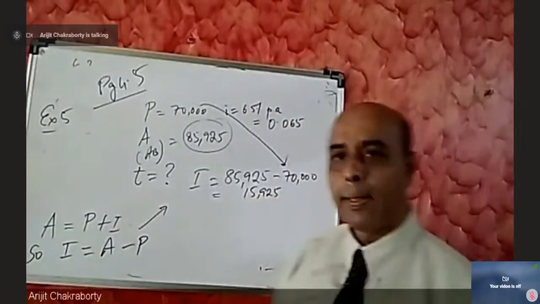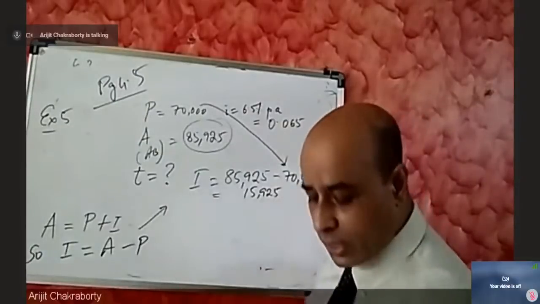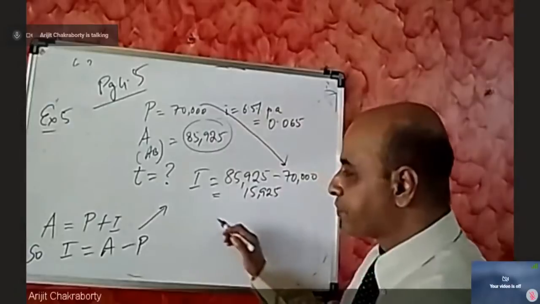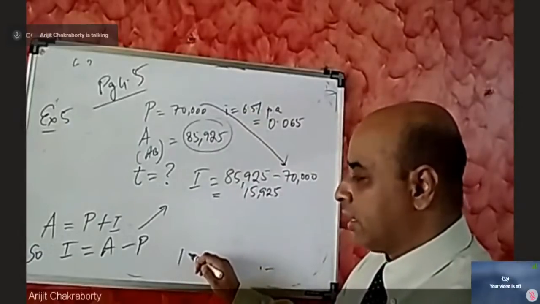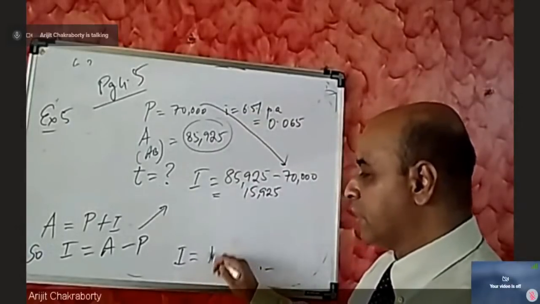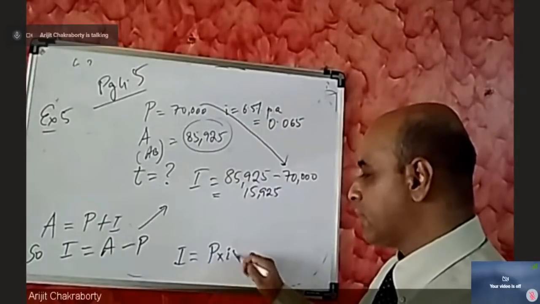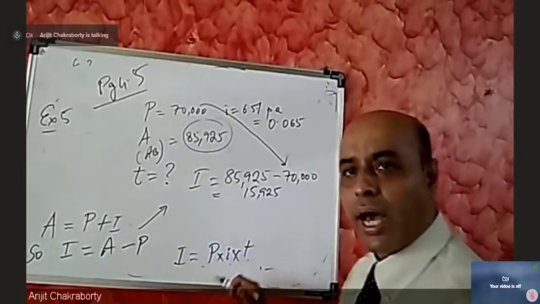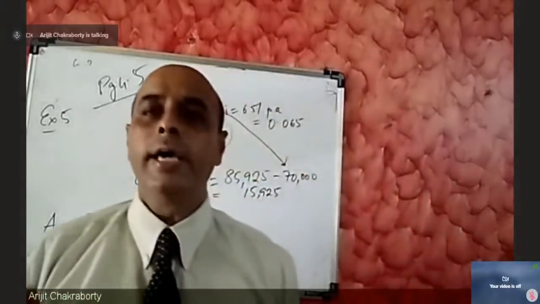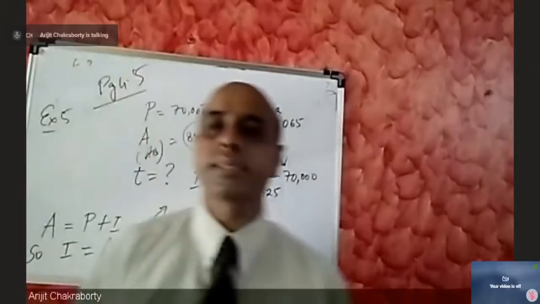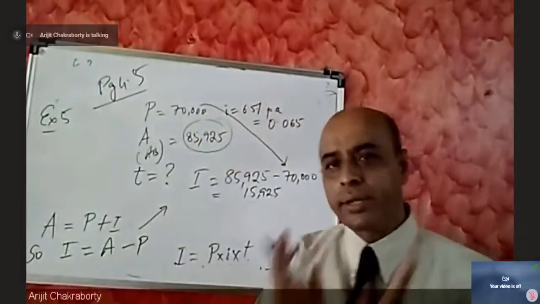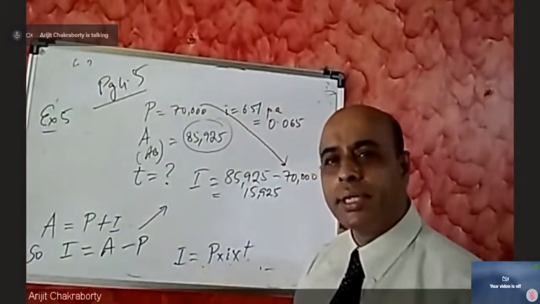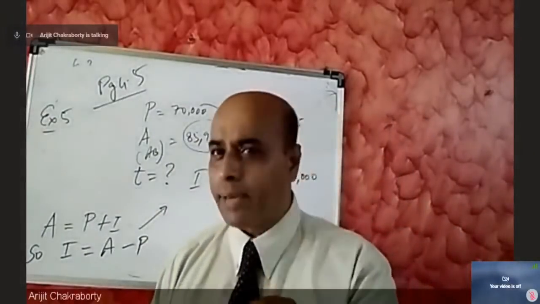Now we also know interest is equal to principal into interest rate into time. P-I-T, small i. P is the principal, I is the interest rate, and T is the time. So we know that the total interest received is always equal to the principal amount into the interest rate into the time.